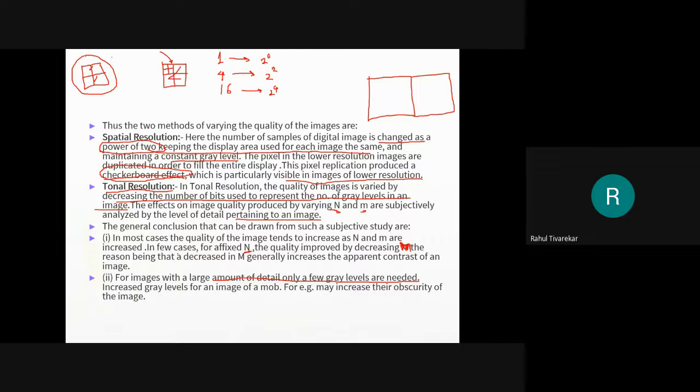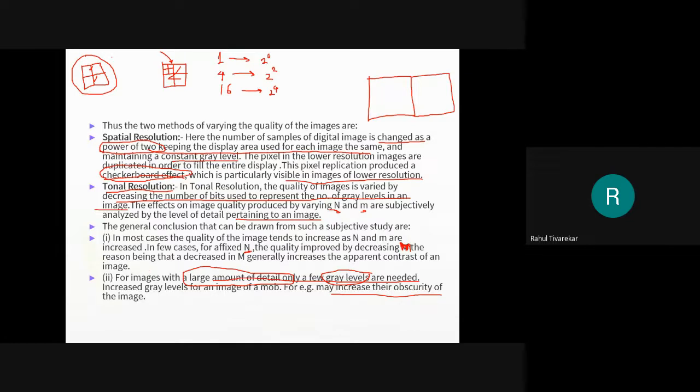Are you understanding? If you use a very high number of intensity or gray levels in such an image, instead of making the image good, it will make it worse, and it will increase the obscurity in the image. So for such an image where a very large amount of detail is there in the picture, a very small number of gray levels is sufficient.